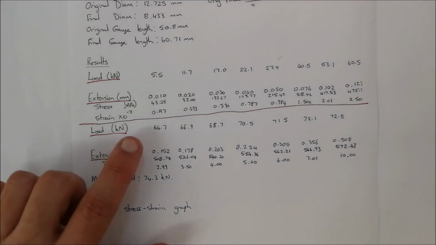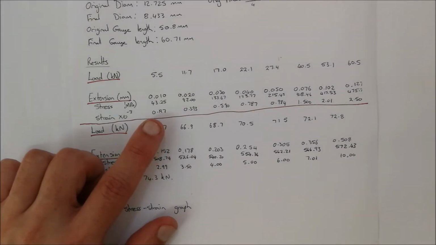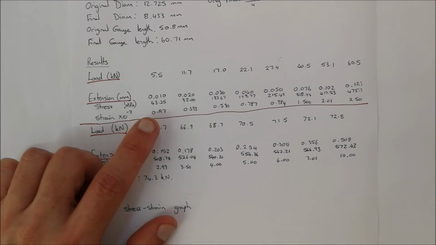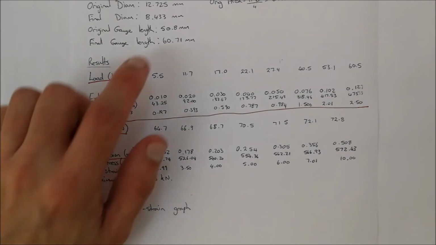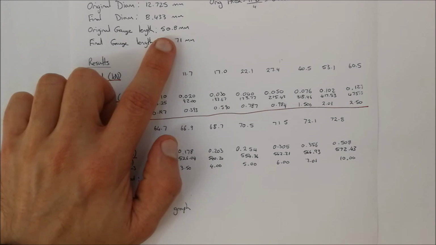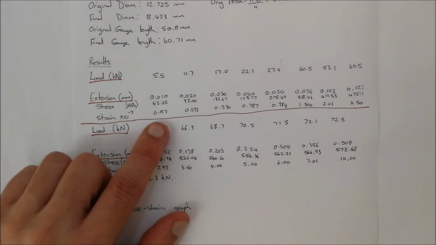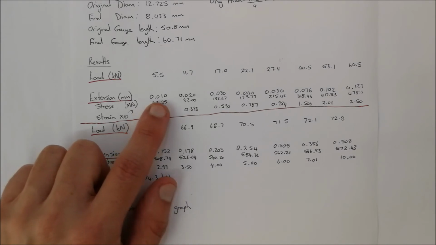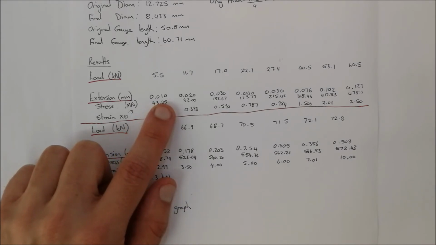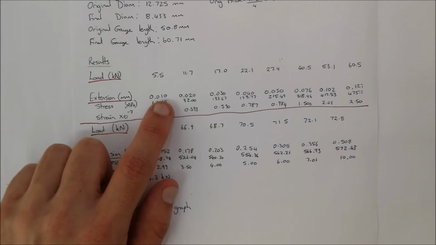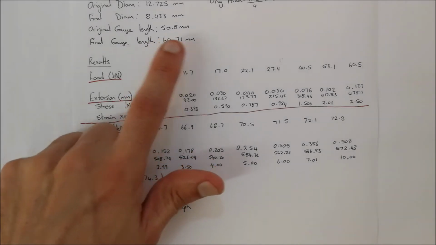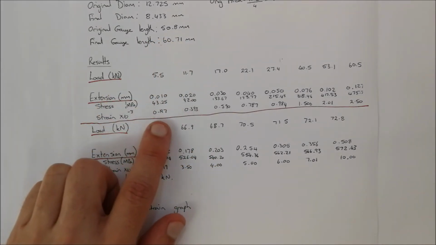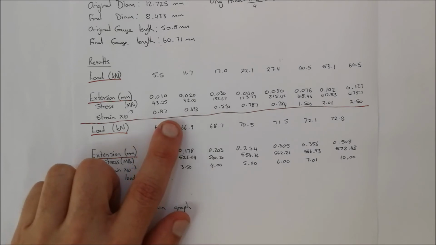Remember that strain is equal to the change in length divided by the original length. We are told that the original length was 50.8 millimeters. So therefore we can say that the extension over here of 0.010 millimeters divided by the original length of 50.8 millimeters is equal to 0.197.